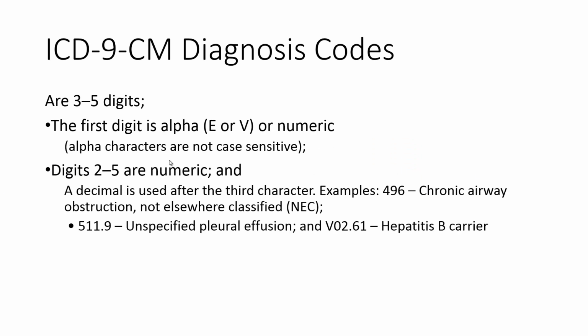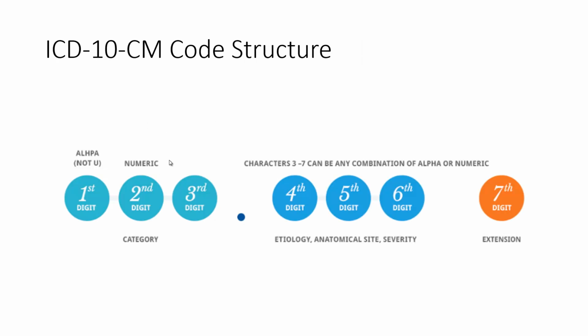ICD-9 codes are 3 to 5 digits. The first digit is alpha or numeric, then 2 to 5 are always numeric, and then there is a decimal right after the third character for formatting reasons. Okay, so the ICD-10 code structure is 3 to 7 characters, and the first character is always alpha.